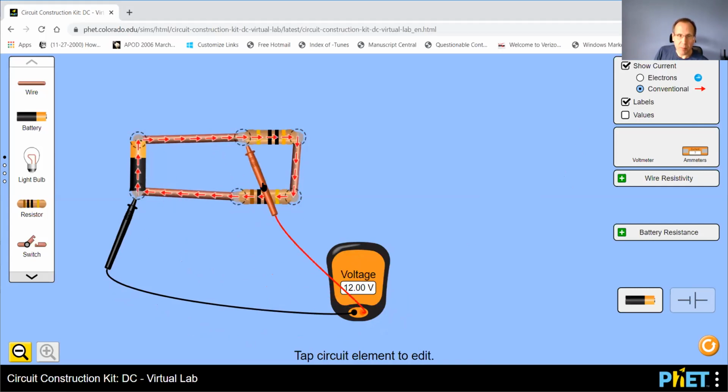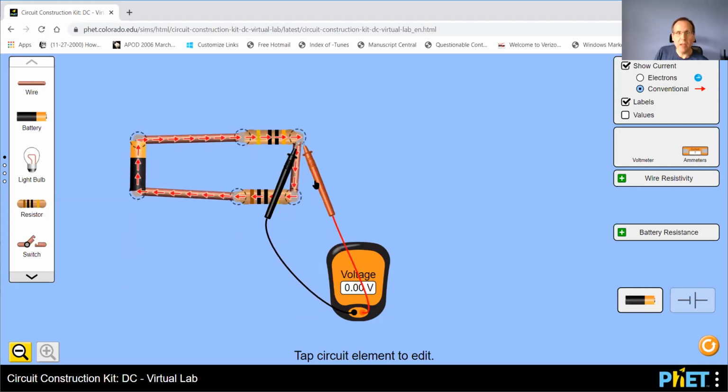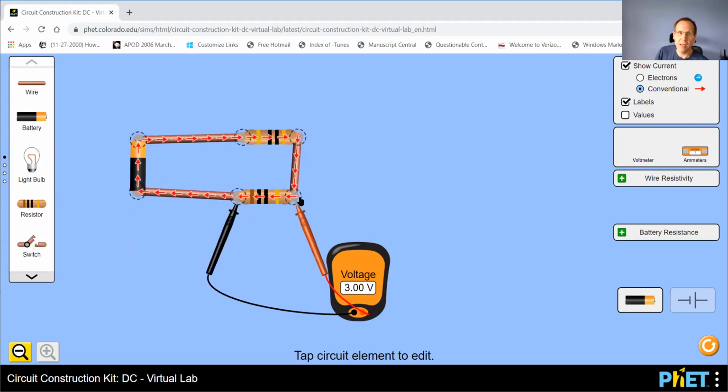So this would be positive, this would be negative, right? Now, if you reverse these, what would happen? You would just get a negative voltage. Okay, so it would still be the correct absolute value, but it'd be a negative voltage. So there. And across this one, this would be the negative side, and that would be the positive side. That would be, I guess, CD, delta V CD, or VCD.